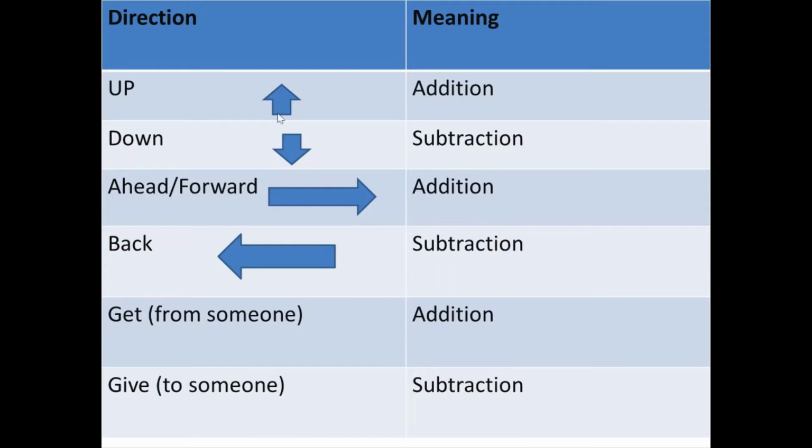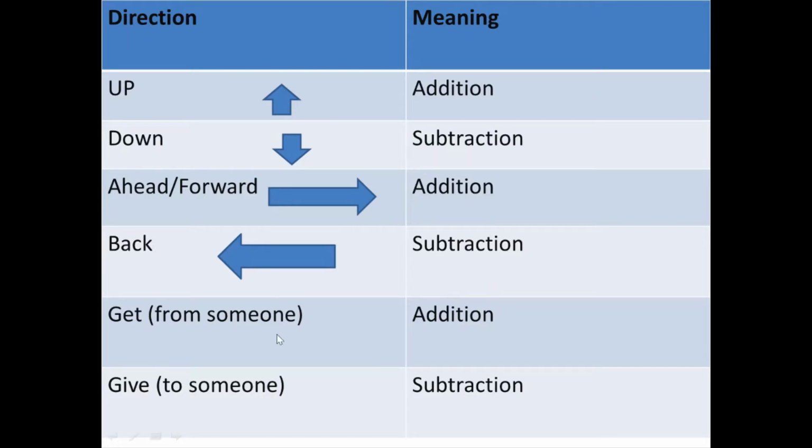Okay friends, so let's revise what we have learned today. Going up is addition. You remember when plumber uncle was going up, we were doing addition. Coming down is subtraction. Okay, going forward or going ahead is what we do? Addition. Okay, coming back, subtraction.